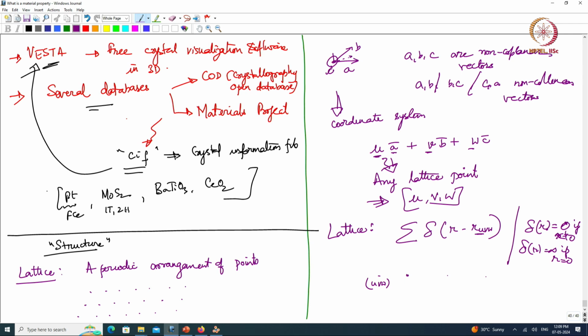So essentially a point is a delta function, okay. So, in 3 dimensions, the lattice is just a summation of all these points, all these points which have a translational periodicity. And for a lattice, I am going to impose the condition from now on that the lattice has a translational periodicity.